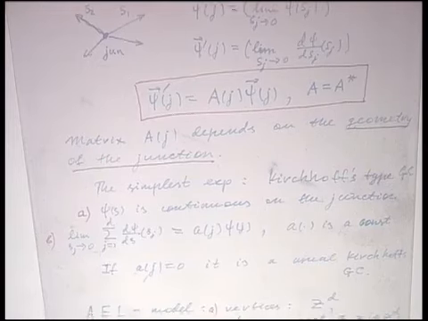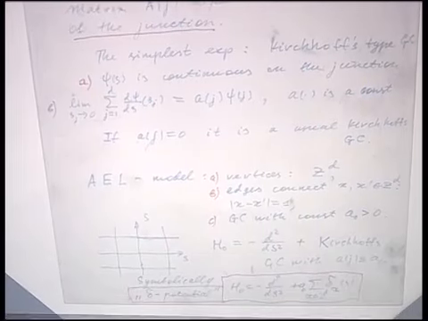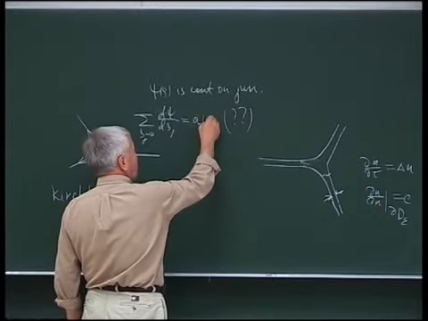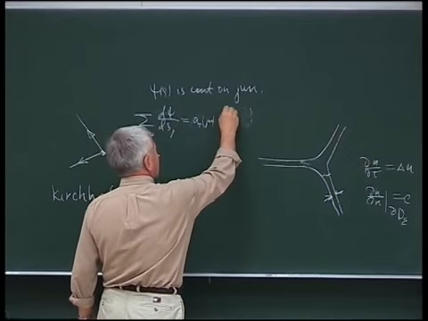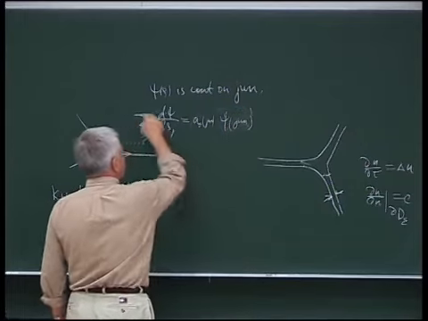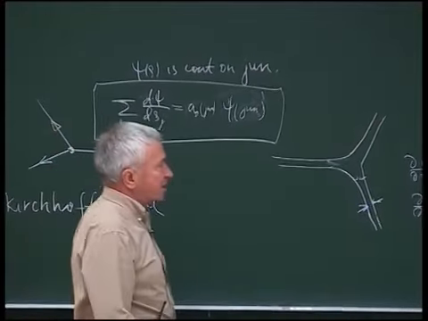This is slightly more general than Kirchhoff. Instead of 0, I can add some constant A naught, which may depend on the junction, times psi at the junction point. This is the generalized Kirchhoff condition.